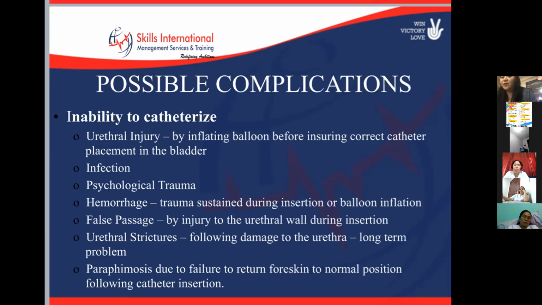Paraphimosis is due to the failure to return the foreskin to normal position following catheter insertion. For example, when you put this in a man, the foreskin cannot come back to its normal position anymore. So you have to be very careful in inserting the catheter so that the patient will not experience this complication.